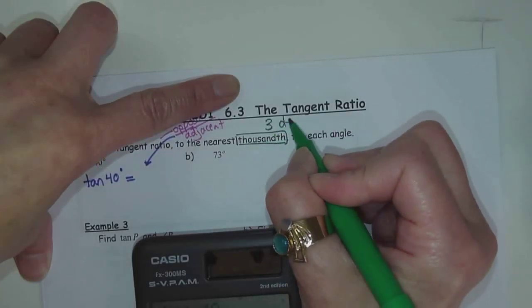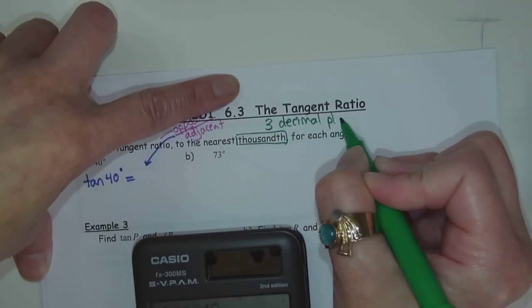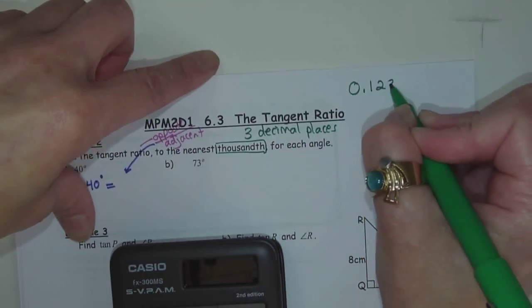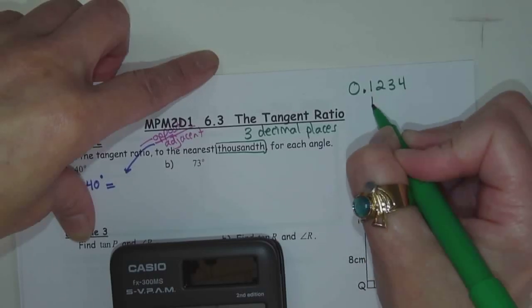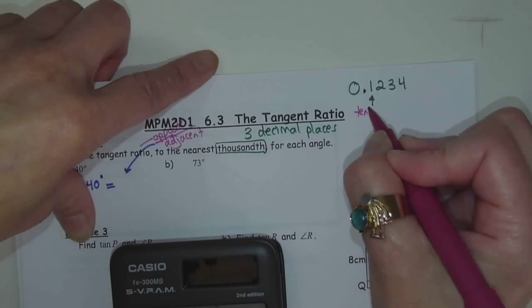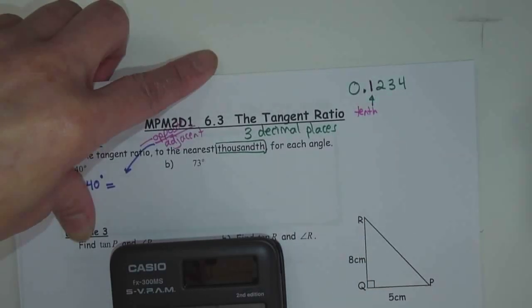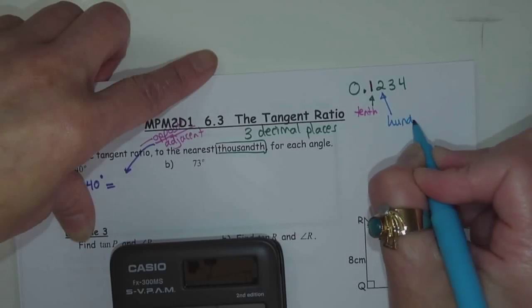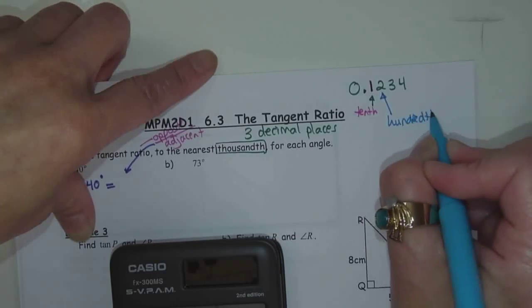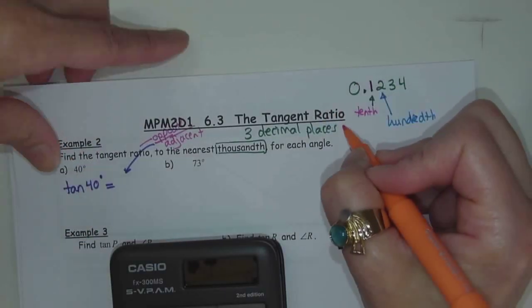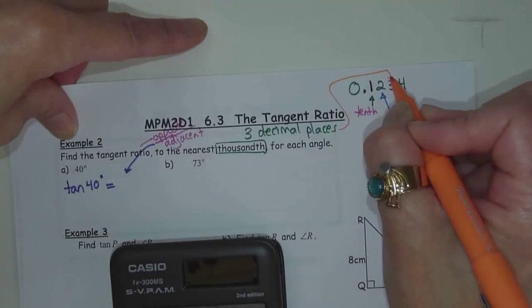Thousandth is 3 decimal places. So when we look at a number like 0.1234, this first one is the tenth, the second one would be the hundredth, and then the thousandth is the third.